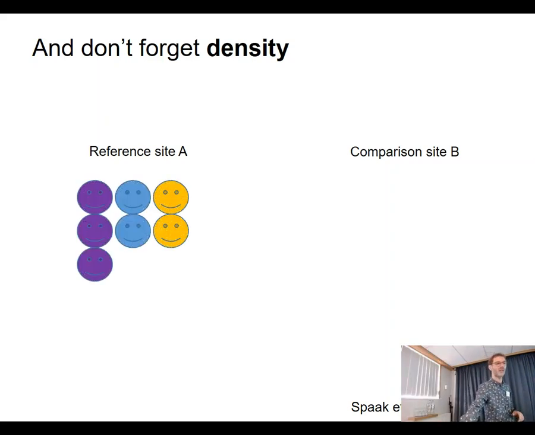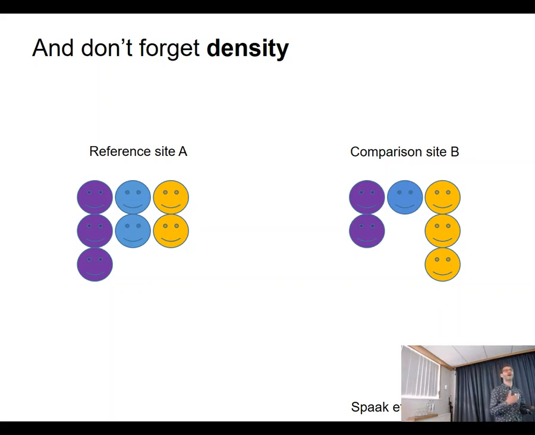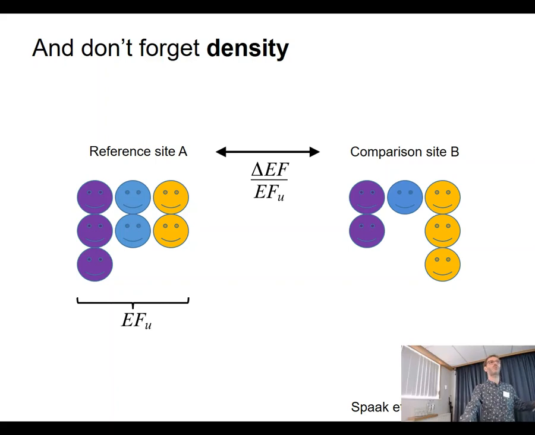You have two sites, site A and site B, and you want to compare the function between these two sites, and they only differ in density. They do not differ in richness. They do not differ in composition. What is the maximum difference in function you could get between these two sites? I present some results in the next slide by dividing by the function at the reference site, just so I have a proportion. It's easier to compare.